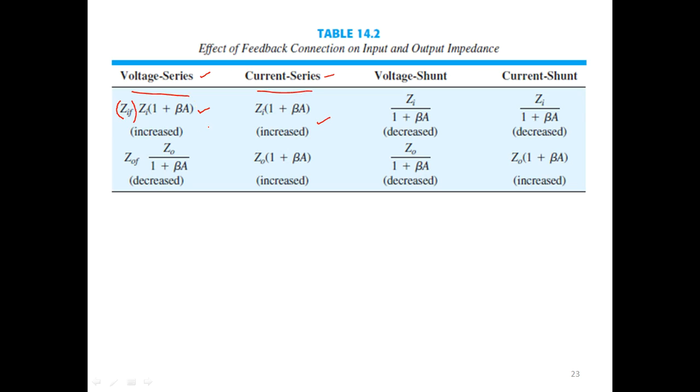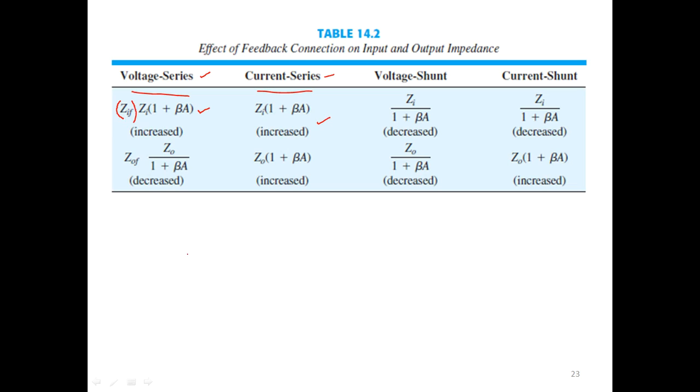Can somebody let me know whether feedback improves the overall voltage series and current series connections? Does it help, or does it degrade if the input impedance increases?